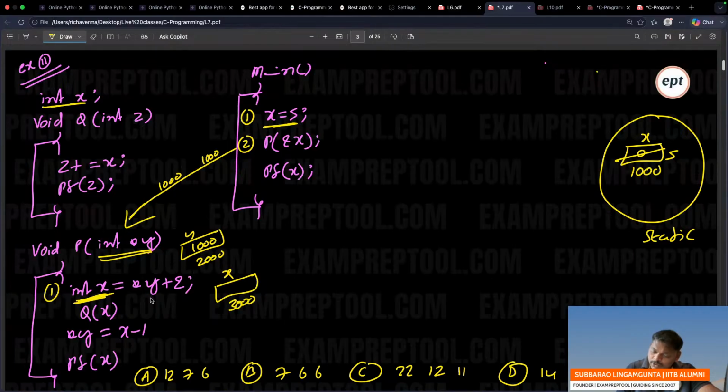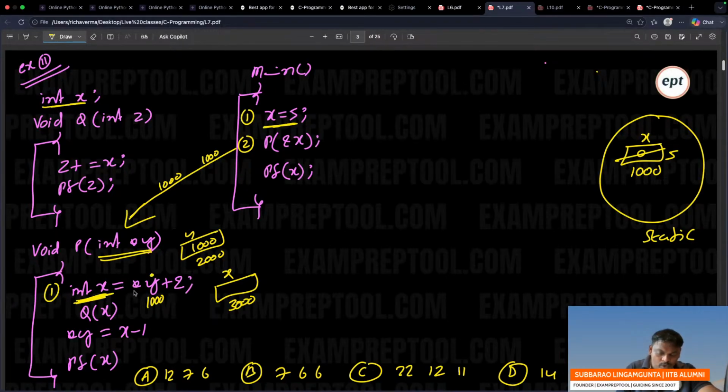One more thing I want to say to you. Yesterday also I said many times, go to the website and see the priority list. See, to this variable y, two operators are fighting.